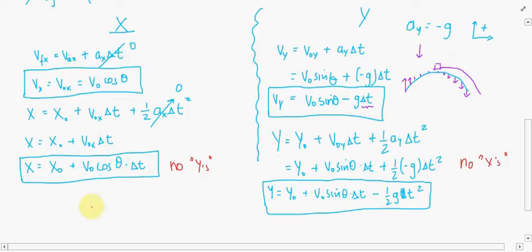So you'll be able to solve for the complete time of flight of a projectile. You'll be able to solve for range, as in how far the projectile travels. You'll be able to solve for height, in other words, what is the height that a projectile will ultimately reach?